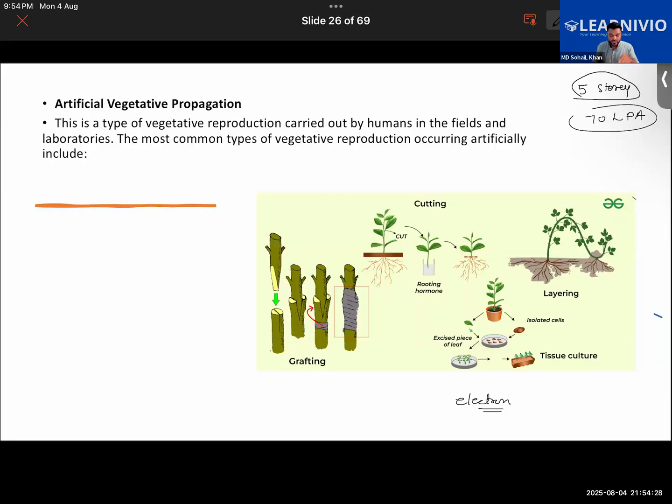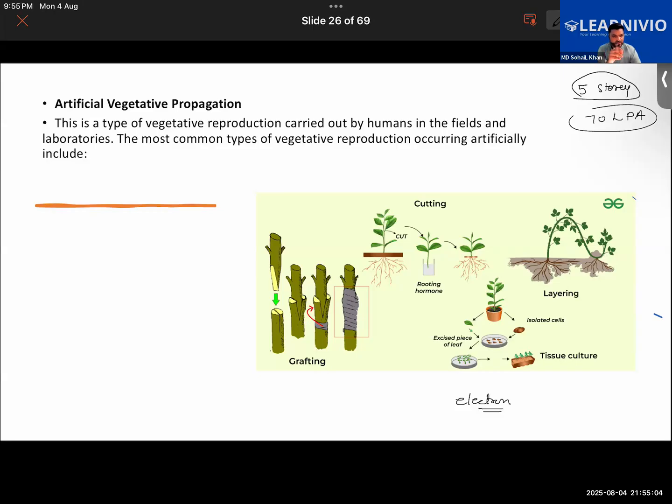It's a process in which we are producing offspring, new plants that are genetically identical to their parent plant. Suppose you have a mango plant in your garden, and the mango that grows on that plant is very sweet, of big size, and the flavor is very good. You want to grow a plant having the same characteristics.